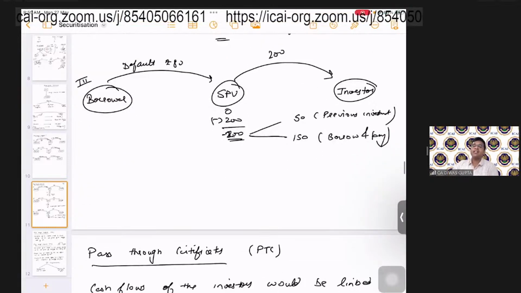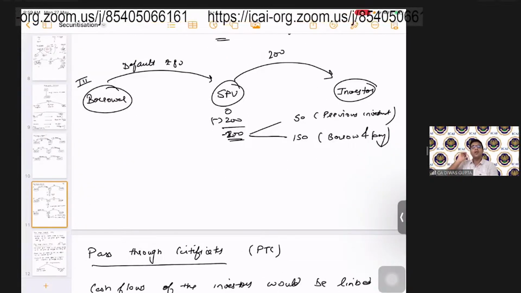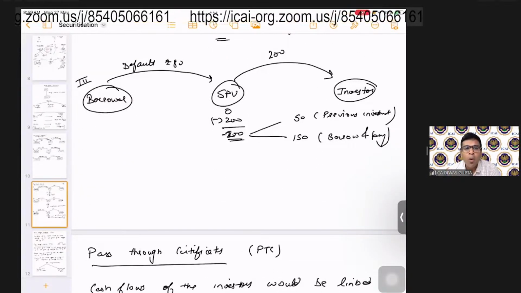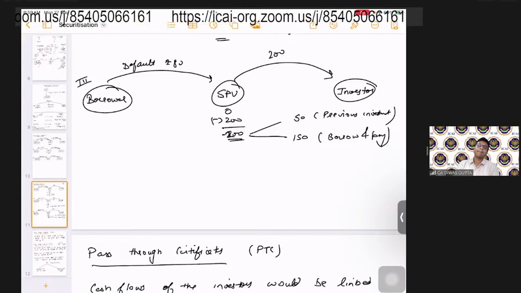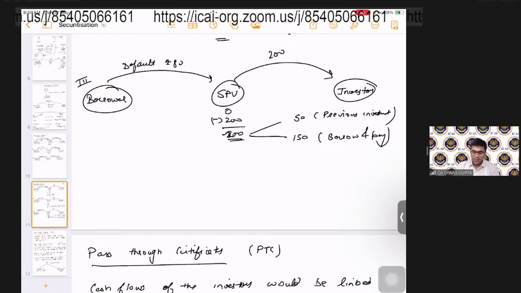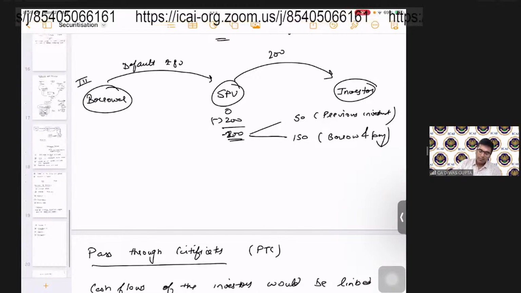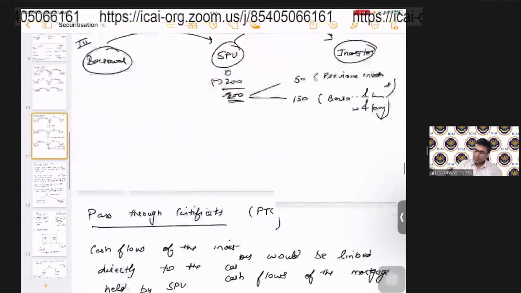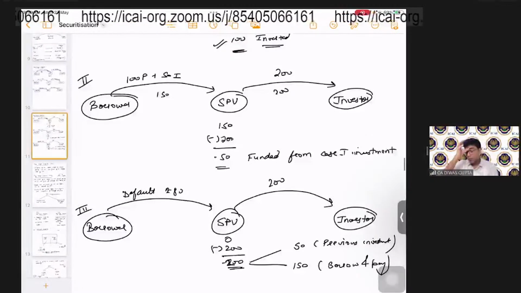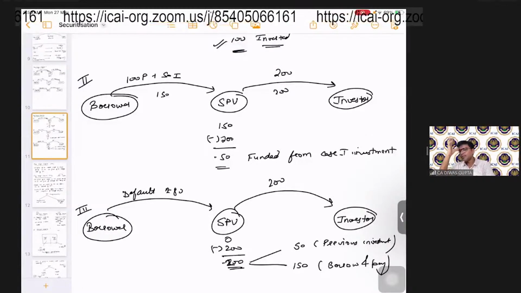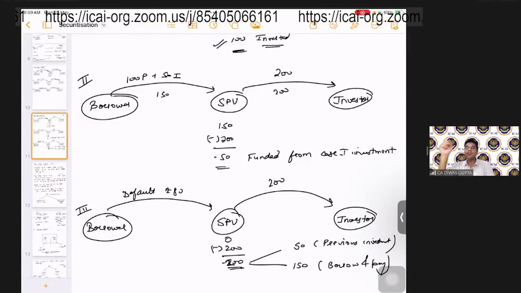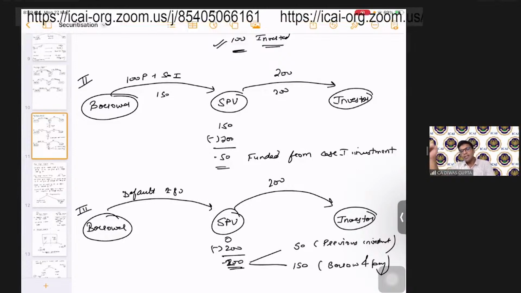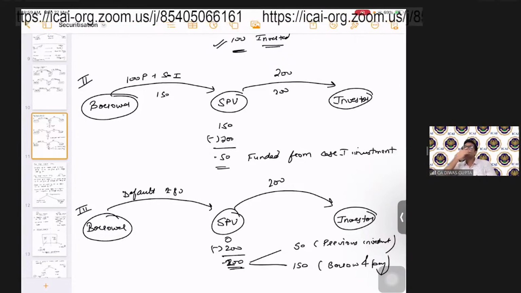Now the balance is 50 in case 3, so that 50 it will use. The balance 150 it will have to borrow and pay, students. It has no other option but to borrow and pay. Clear, students? So I hope the difference between pass-through certificates and pay-through securities is clear.